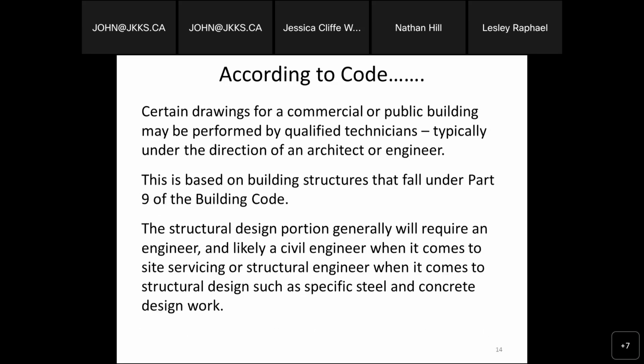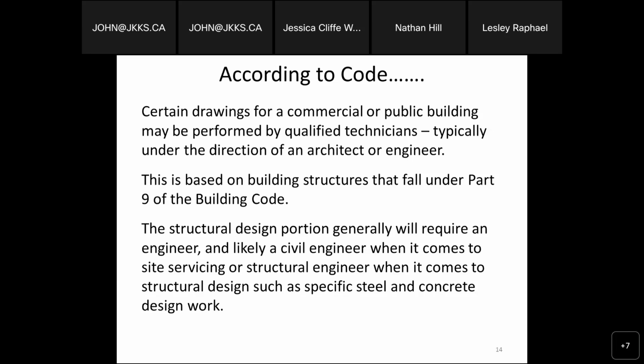If we take a look at the building code and building structures, especially part 9, which is residential and smaller buildings, this also applies to some of those, but not necessarily for something like a house. So when we talk about the structural design portion, generally will require an engineer and likely a civil engineer when it comes to site servicing, or structural engineering when it comes to things such as structural design, such as specific steel or concrete design work.